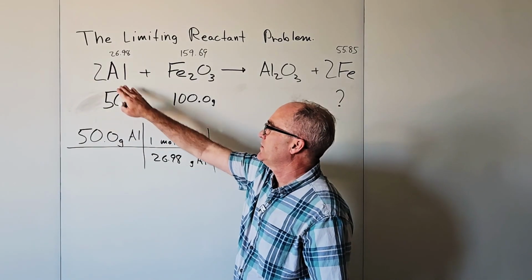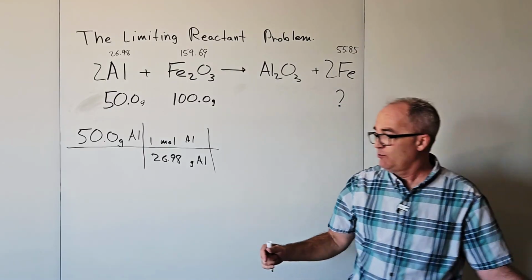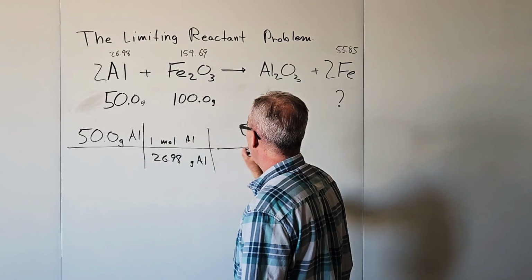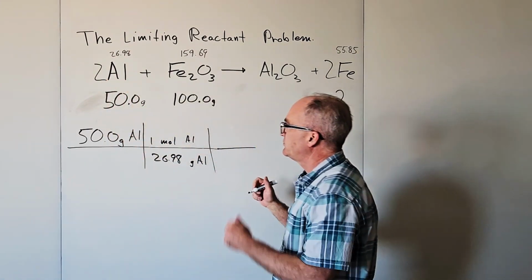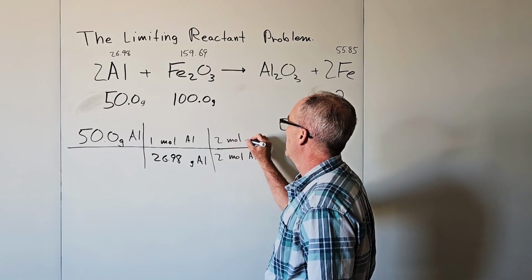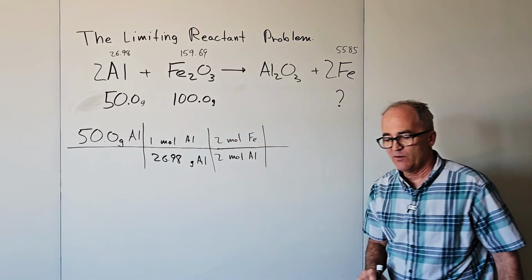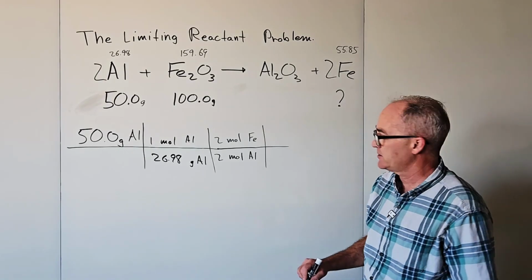Now that I know moles of aluminum, how do I get over here to moles of iron? I use the mole ratio that comes from the coefficients in the balanced chemical equation. 2 moles of aluminum will produce 2 moles of iron. How do I go from moles of iron to mass of iron in grams?